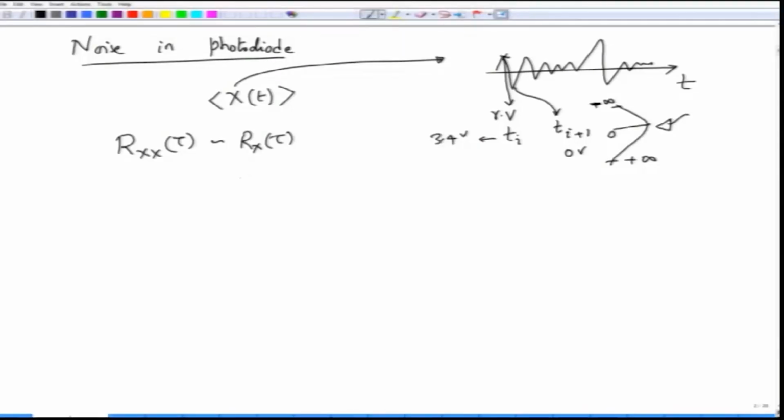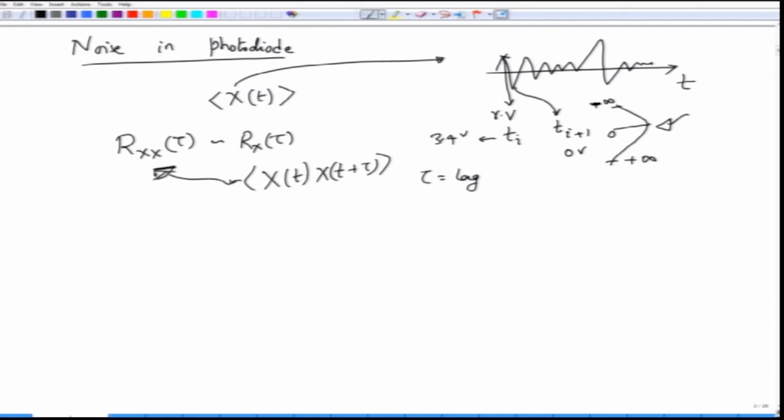Coming back to this, autocorrelation can be defined as follows: you take two sample values, one at t and one at t plus tau, where tau is called the lag of the autocorrelation, and then find the average value of their product. The brackets which I am drawing denote the statistical average value, and this will tell you the autocorrelation.